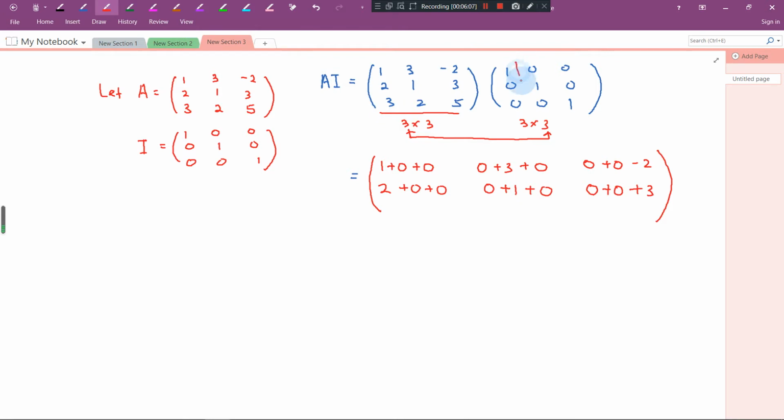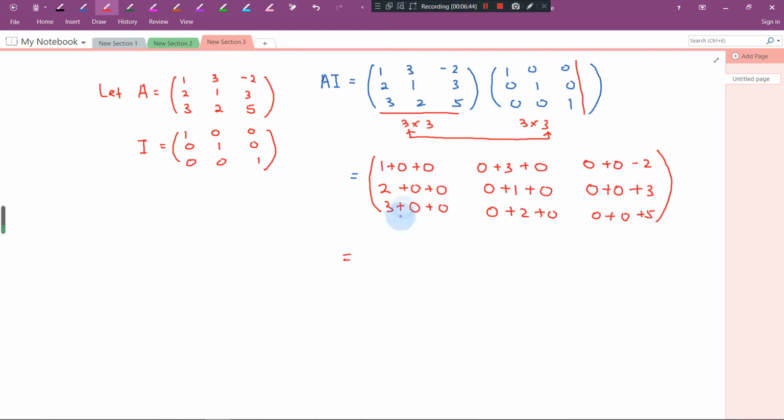Third row, first column, which is over here. 3 times 1 plus 2 times 0, 5 times 0. Third row, second column. 3 times 0, 2 times 1, 5 times 0. Okay, last element. Third row, third column. 3 times 0, you get 0. 2 times 0, 0. And 5 times 1, you get 5.